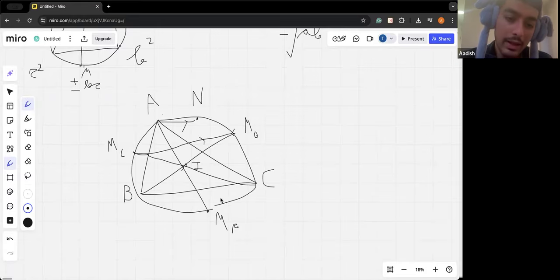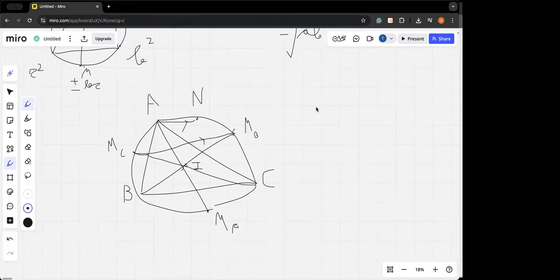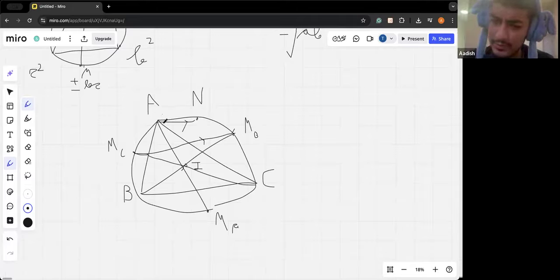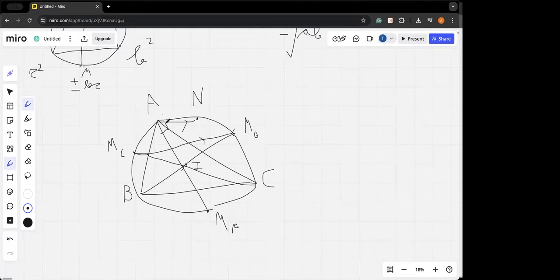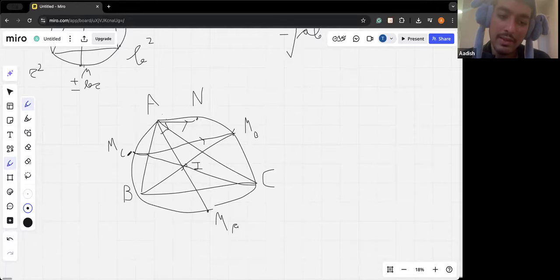MA, MB, and MC are the minor arc midpoints, and N is the major arc midpoint of BC. AN is the external angle bisector, and AI is the internal angle bisector. So AN is perpendicular to AI. And why is MBMC perpendicular to AI?